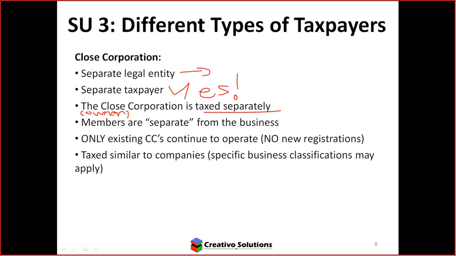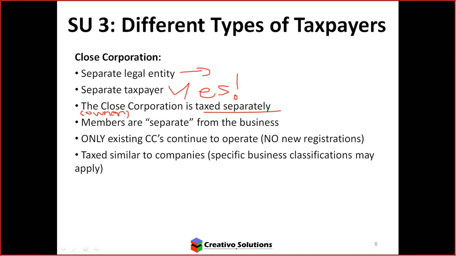We've spoken about that already tonight, so I don't have to talk too much about that again, because of the Companies Act. A few years back, I think it was around 2007, if I'm not mistaken, the Companies Act was reviewed and changed, and when it changed, they incorporated CCs as part of companies, and that's why that fell away.